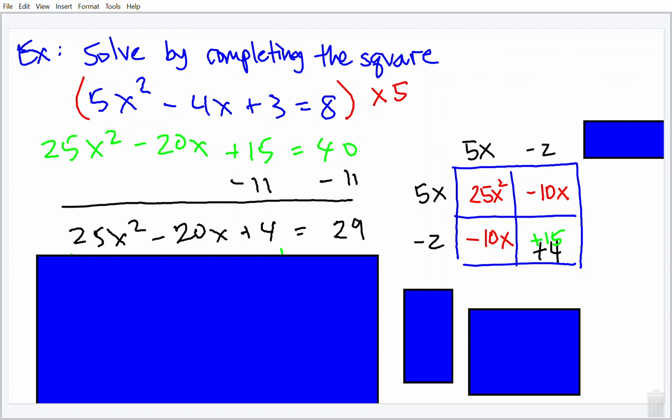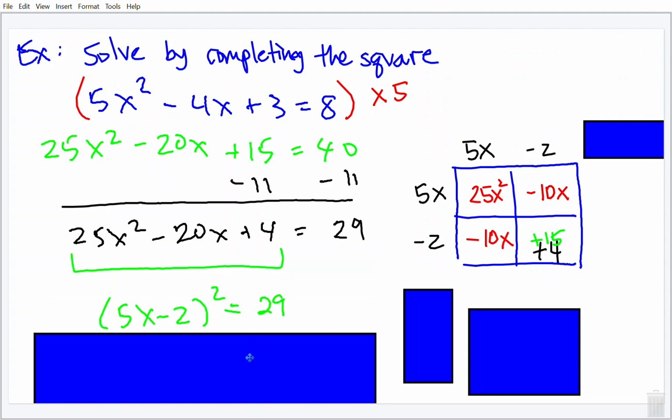From there, we'll replace 25x squared minus 20x plus 4 with the product of 5x minus 2 times 5x minus 2 equals 29. Then we'll go through the same process as before: square rooting both sides, remembering the plus or minus, then adding 2 to both sides, and then dividing both sides by 5.